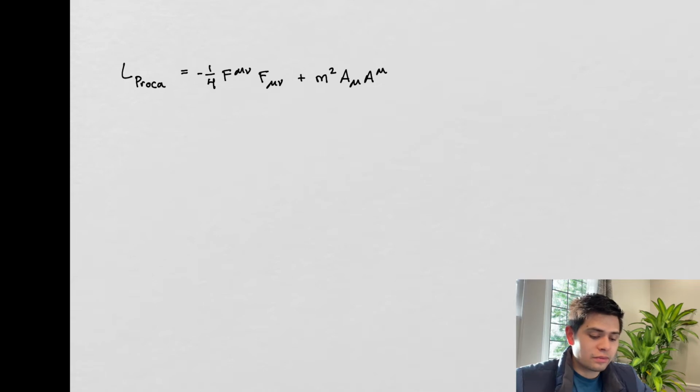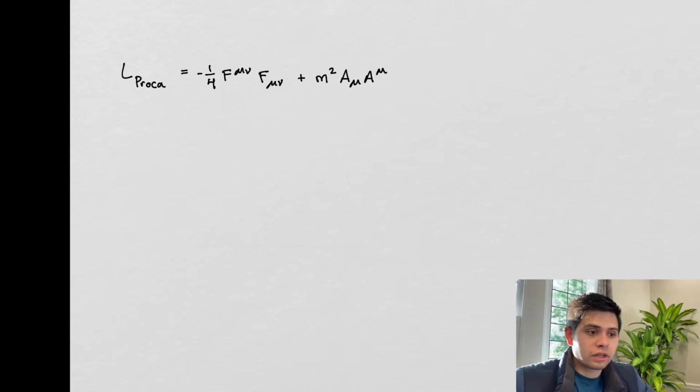Our basic recipe here is you propose some Lagrangian, perform the Euler-Lagrange equations on these things, and then you get the equations of motion. So let's see what the equations of motion are for this proposed Lagrangian.